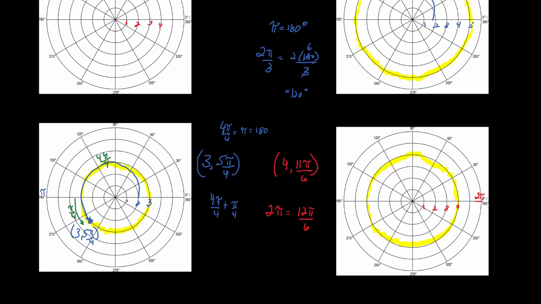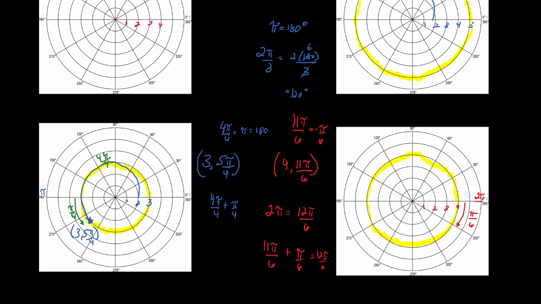We didn't travel a full 12 pi over 6. We've only traveled 11 pi over 6. So I know 11 pi over 6 plus another pi over 6 would give me 12 pi over 6. So I recognize that I have to go back 1 pi over 6. So 11 pi over 6 is the same thing as saying negative pi over 6.